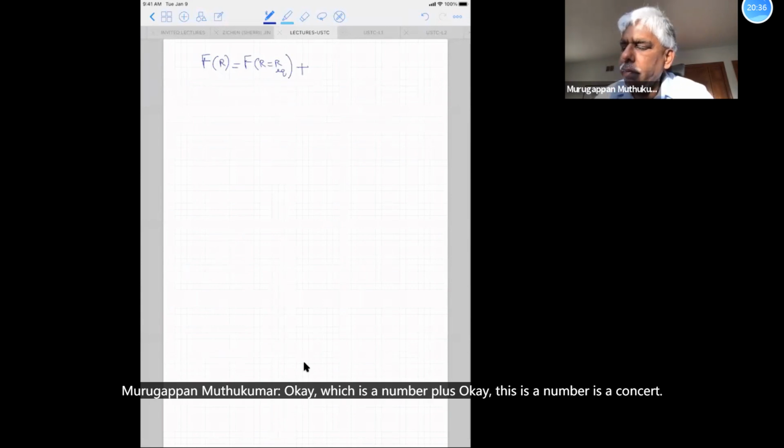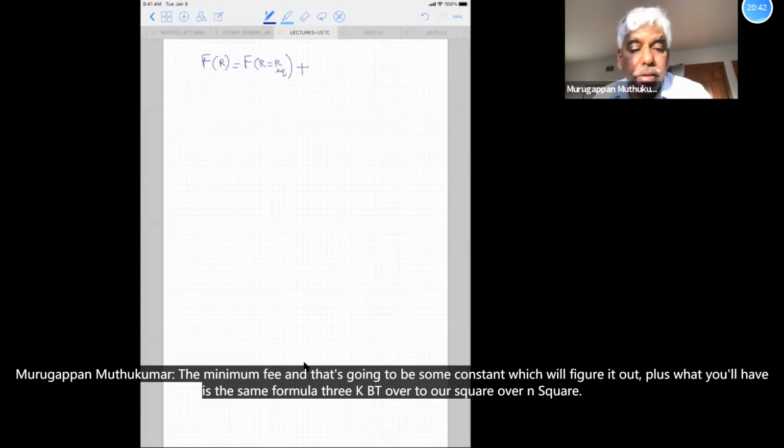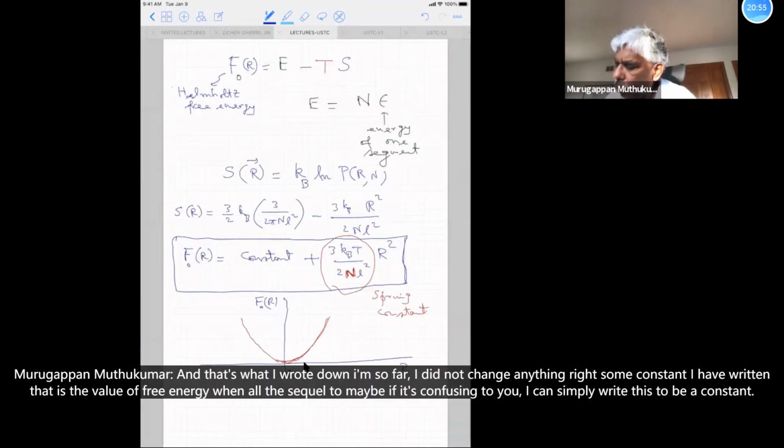This is the minimum free energy, that's going to be some constant, which we'll figure out. Plus what you'll have is the same formula, 3kBT over 2 times R square over NL square. And that's what I wrote down here. So far, I did not change anything.